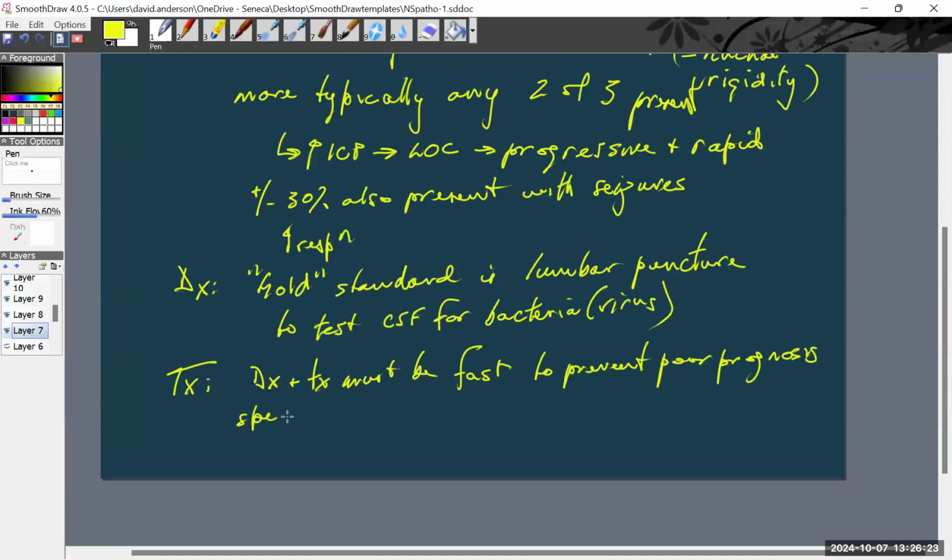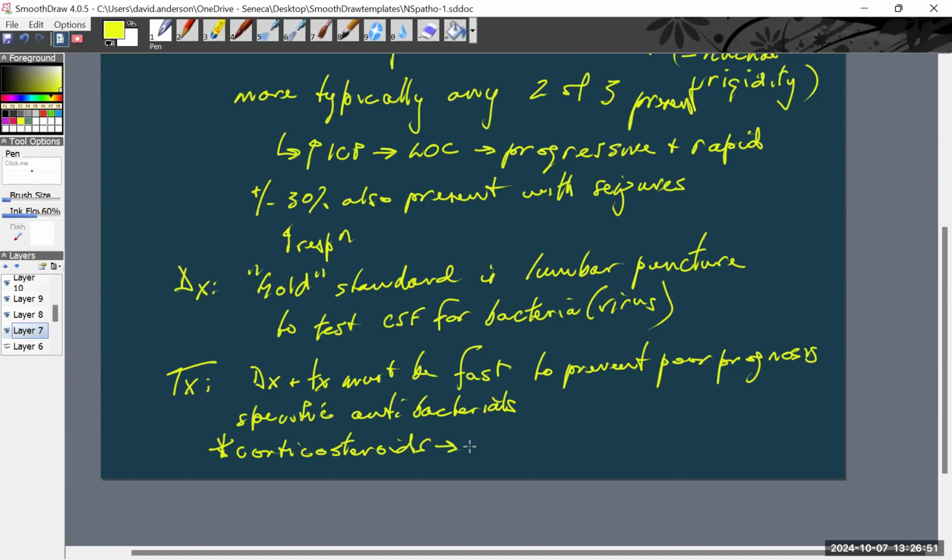Specific antibacterials and corticosteroids are typically going to be first lines of defense. The corticosteroids are primarily going to be applied to prevent secondary injury for the most part.